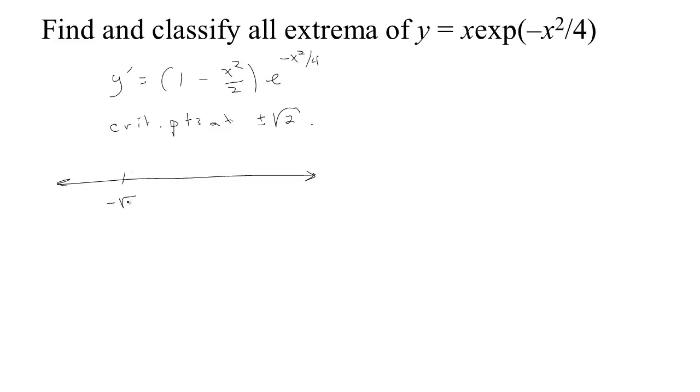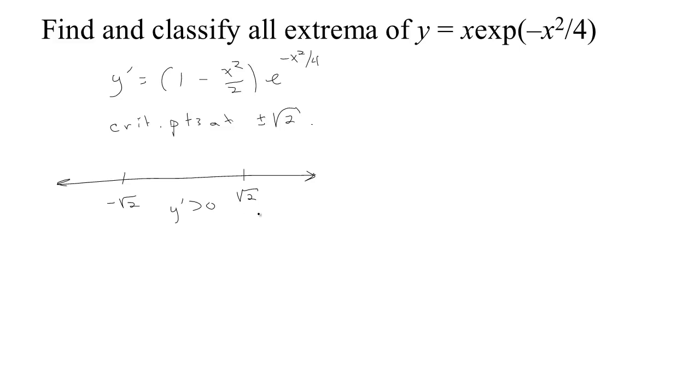Here's the one critical point at negative root 2, and the other one over on the other side of 0 at positive root 2. If we have a number that's between negative root 2 and root 2, when we square it, it will be less than 2. So it'll be positive, it'll be less than 2. So less than 2 divided by 2, that's going to be a positive number that's less than 1. 1 minus less than 1 is going to be positive. So we know in this region the derivative is greater than 0.